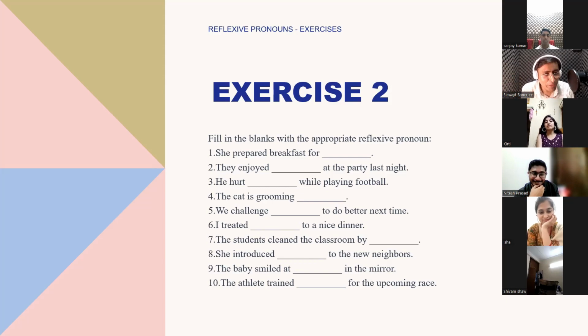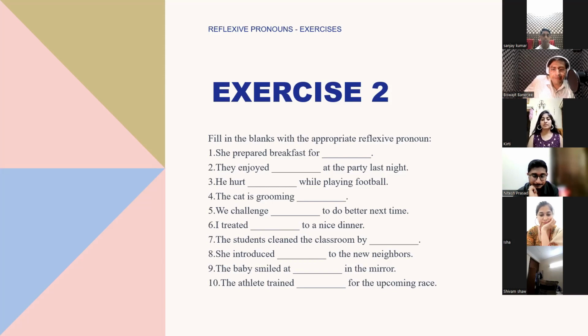Have I angered you by giving you the correct pronunciation? Mohit, why aren't you speaking, dear? Mic is not working, is it? Okay, Mohit, no problem. I'll come back to you later. She prepared breakfast for herself. That's the answer. Mohit is spot on.